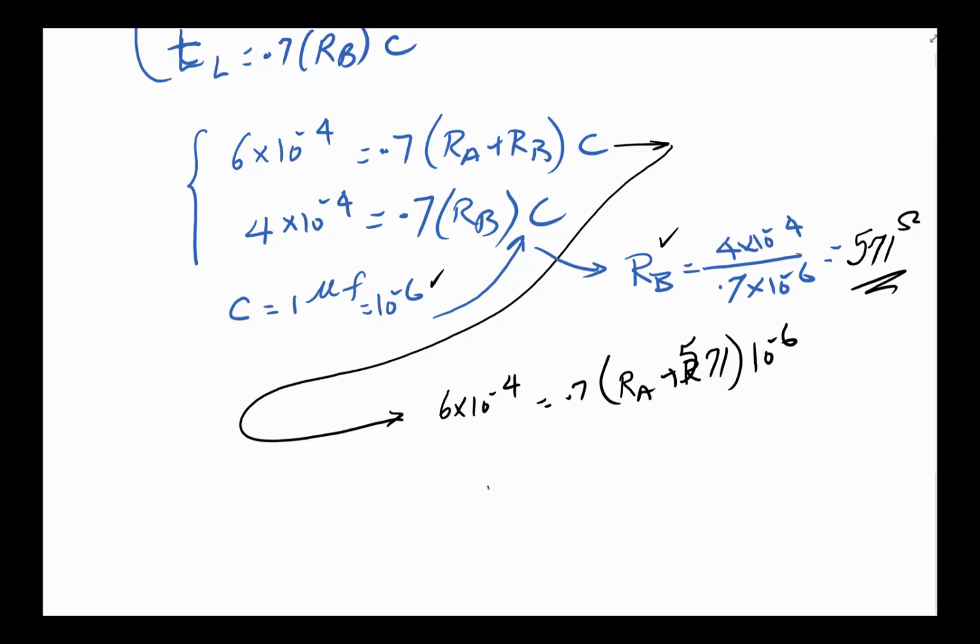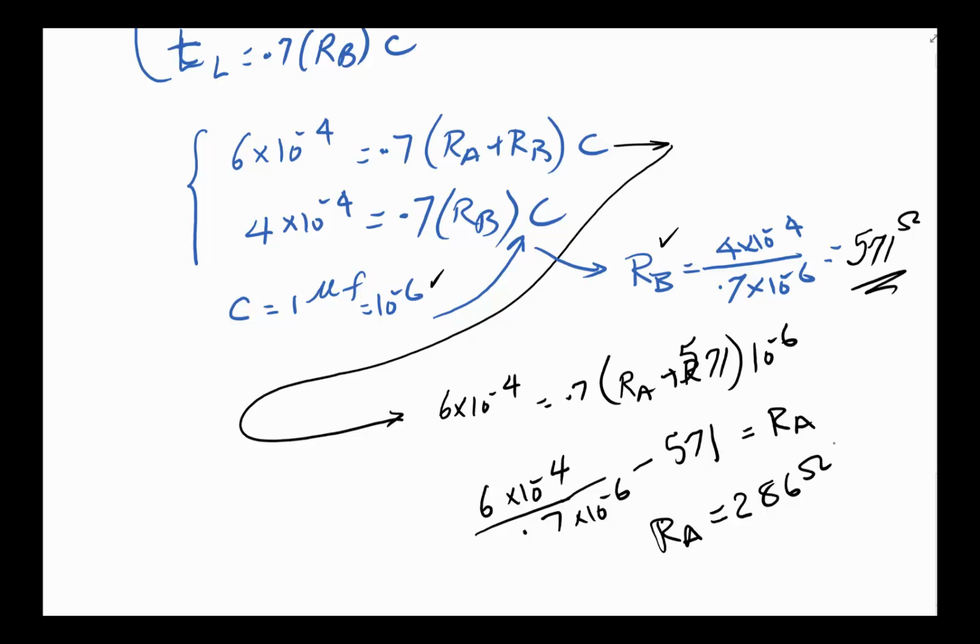We're going to have 6 times 10 to the minus 4 divided by 0.7 times 10 to the minus 6, and then minus 571 is equal to RA. We just move things around and do the calculation. Once you do your calculation, you will find that RA is equal to 286 ohms.